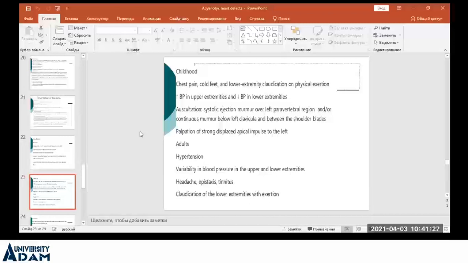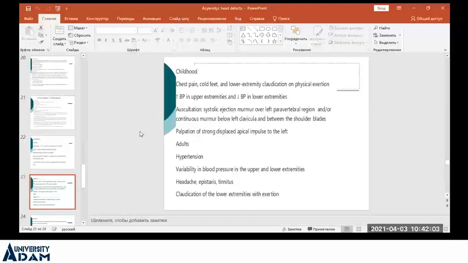In children, we can see symptoms such as chest pain, cold feet, and lower extremity claudication on physical exertion. You can see an increase of pulse in the upper extremities and decrease in the lower extremities.